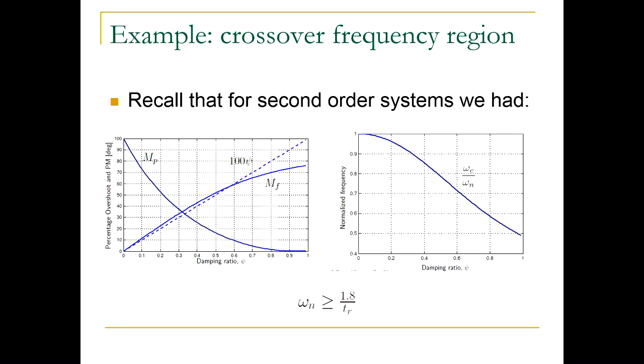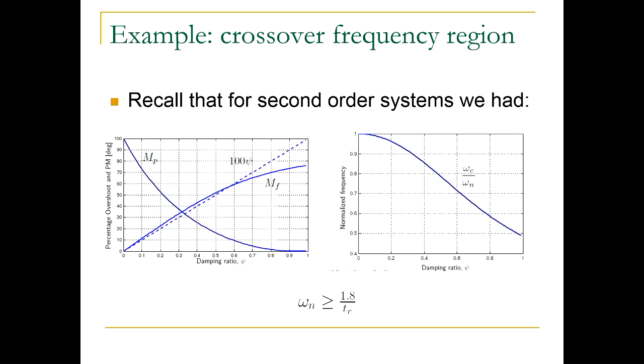So suppose you fixed damping ratio around 0.3, well, you would have a phase margin of about 45 degrees and overshoot also about 45%.